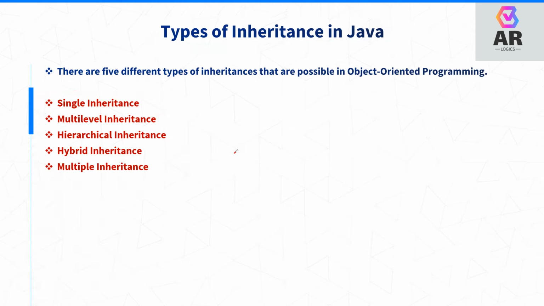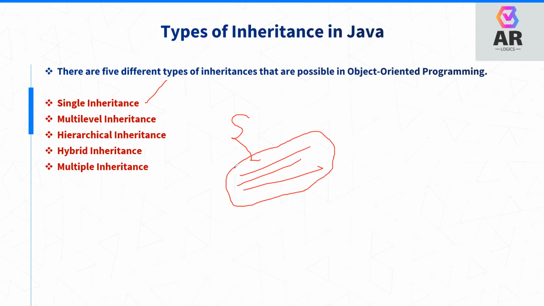Now, first one, what is single inheritance? The subclass derives from the superclass, so all the methods and fields can be used in the subclass.